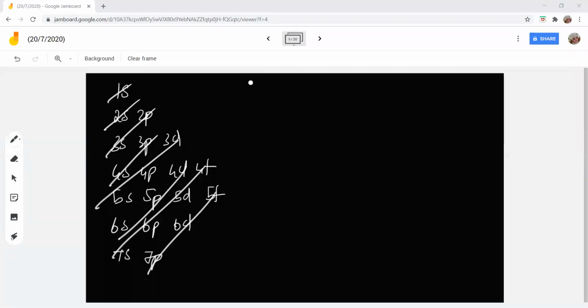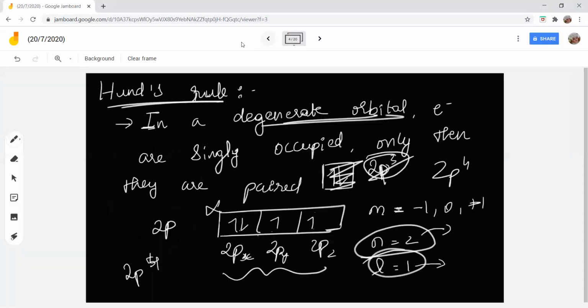Click unmute and you can come. Okay, you want me to show the last slide again? Okay, 1 minute, I'll show. Yes, Tirukailash.